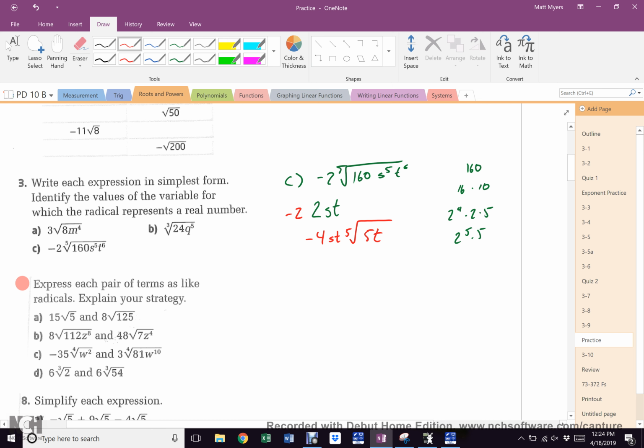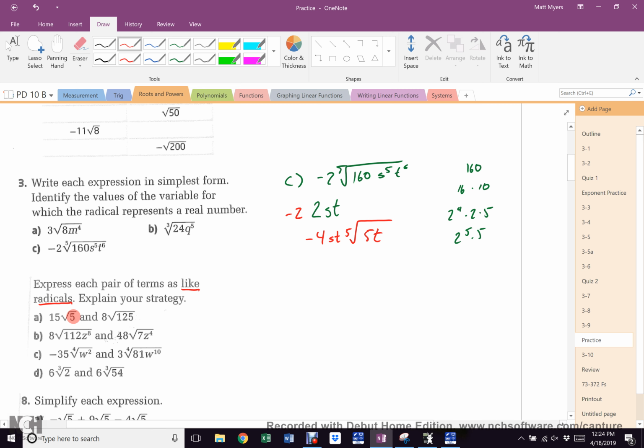This one, which could be number 4, 5, 6, or 7. The number got cut off. Does anybody need to talk about any of those? If I want them to be like radicals, what does that mean? What has to be the same? The radicand, right?